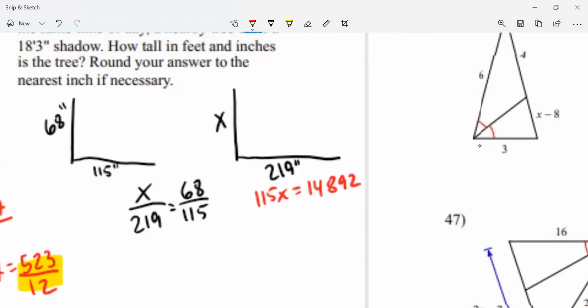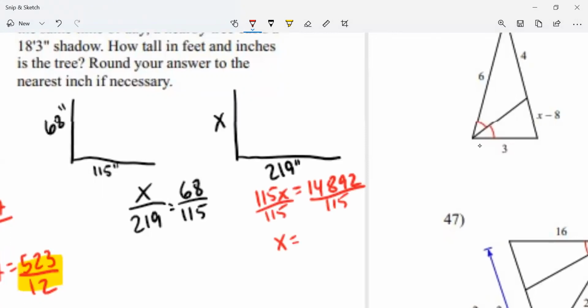Let me divide both sides by 115. I'm going to round this to the nearest whole number. So I'm going to say x is equal to 129. It says 129.4. I'm just going to say 129. All right, so the tree is 129 inches.